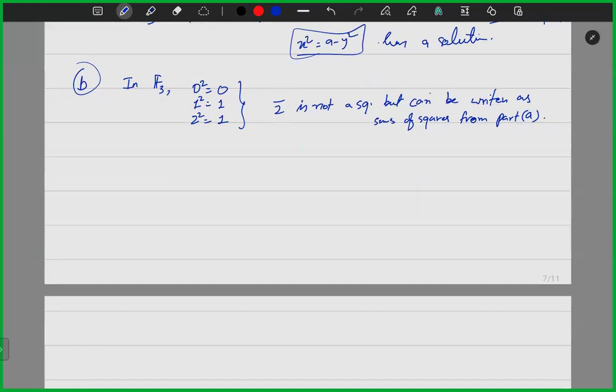So this happens only if p is equal to 2. This is the case when p is equal to 2. In no other case does such a thing happen.